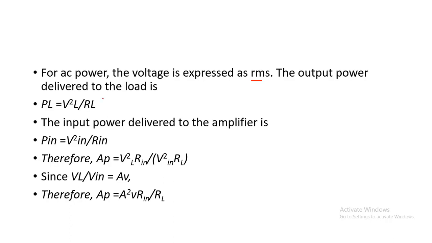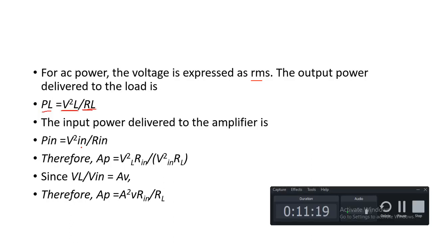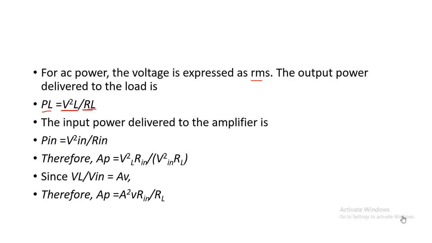So the output power delivered to the load is VL squared divided by RL, the load voltage squared over the load resistance. The input power delivered to the amplifier will be Pin equal to the input voltage squared divided by the input resistance.